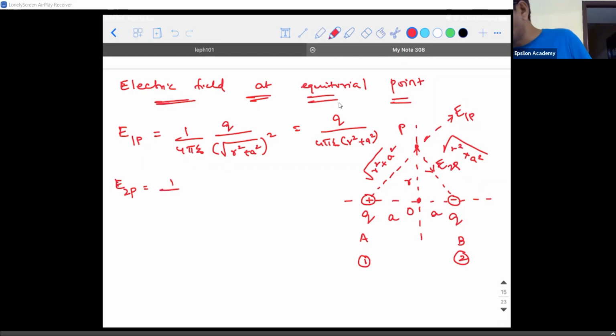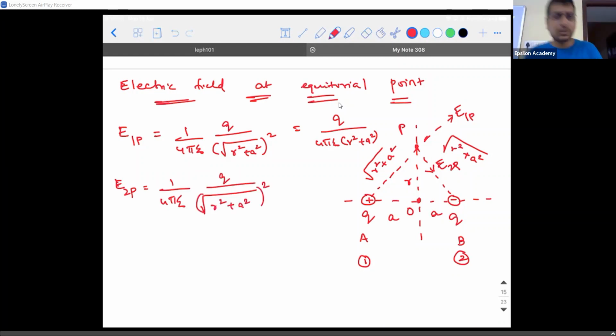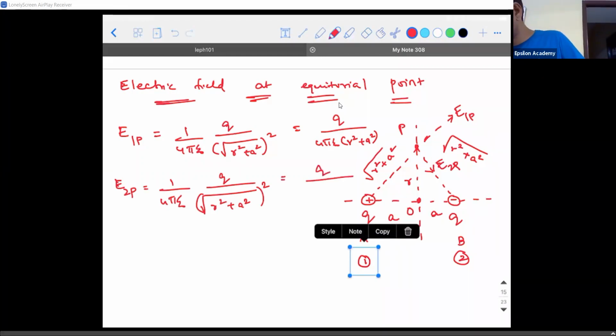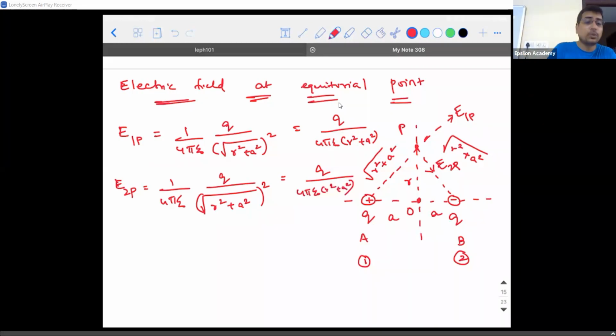It is 1 divided by 4 pi epsilon naught into q divided by root of r square plus a square, the whole square, same thing. It is q divided by 4 pi epsilon naught into r square plus a square only.